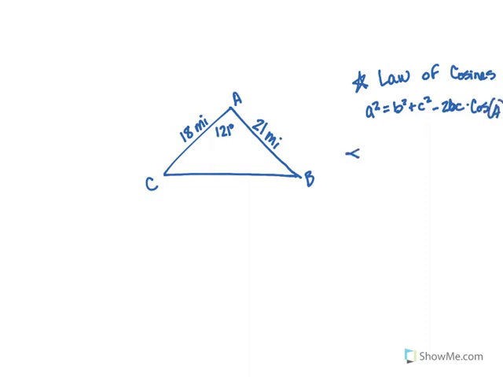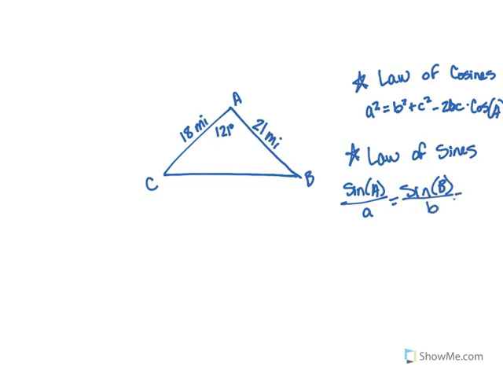And then after that, you're going to use law of sines, which remember is the sine of angle A over side a equals the sine of angle B over side b equals the sine of angle C over side c. Then lastly, you're going to subtract your other two angles from 180.